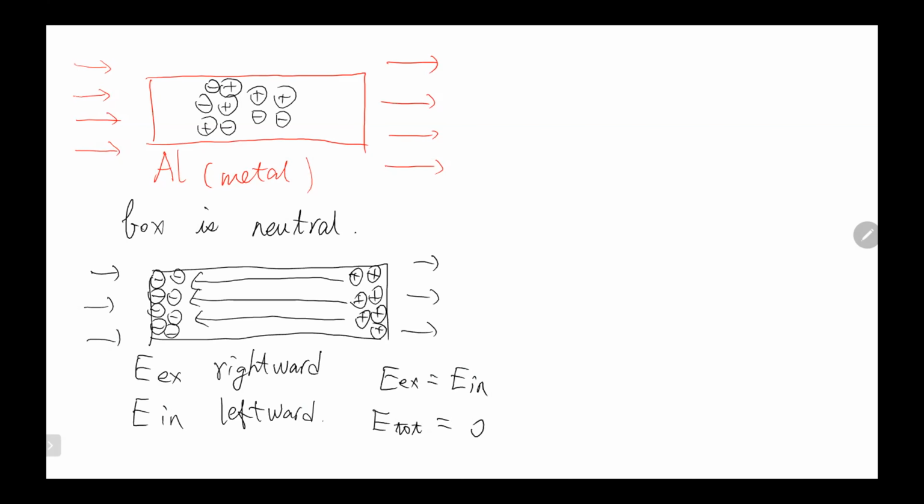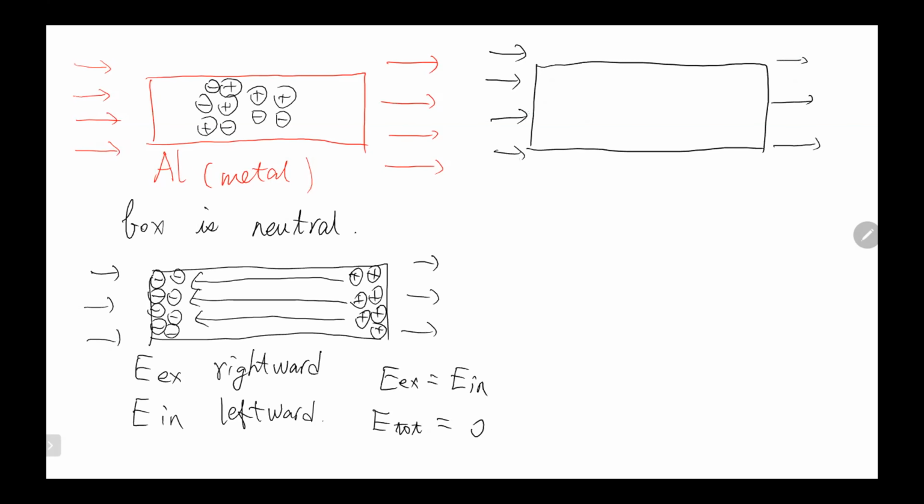So that means if we have a conductor and there is an external electric field, this electric field is going to drive the electric charge inside the box to move to the edge, and at the steady state, the electric field inside the conductor is 0.